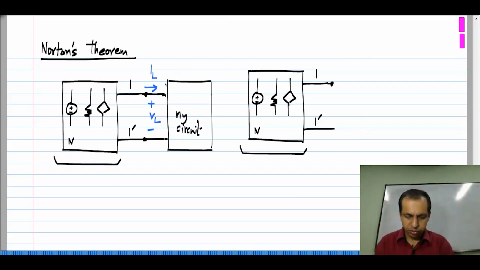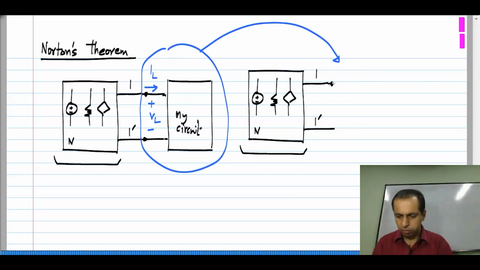So, I will substitute this whole thing by the voltage source whose value is the voltage that actually occurs in the circuit, VL. As before, we see that the derivation will be independent of whatever VL is. So, it applies to any circuit, anything that you connect.